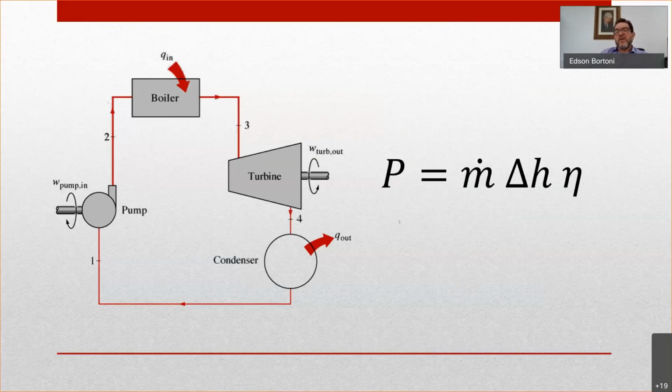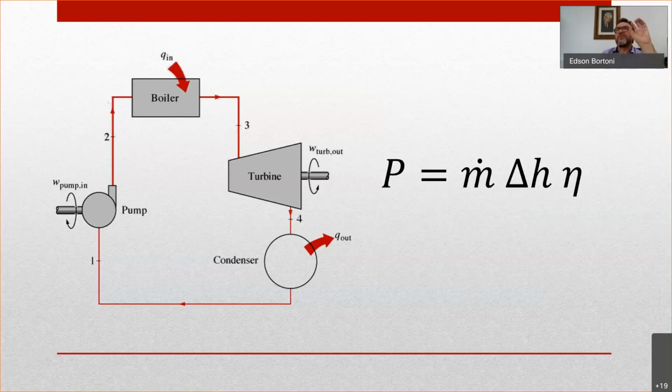It's important to note that the power you can get from this Rankine cycle depends on the mass flow. You can have a volumetric flow, which means a volume over time. You can have liters per second, or cubic meters divided by hour.